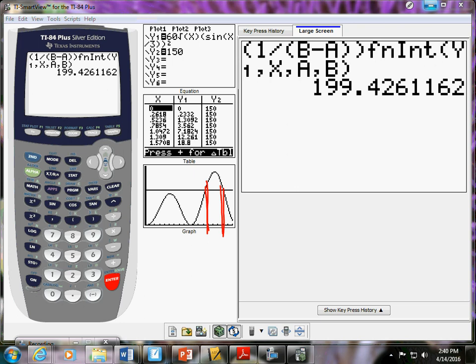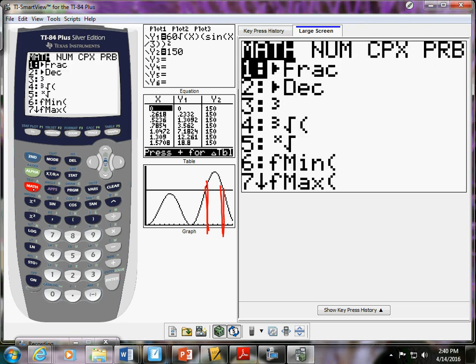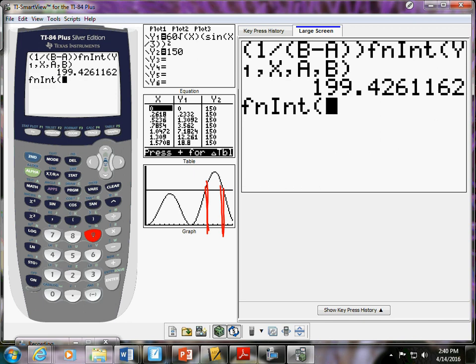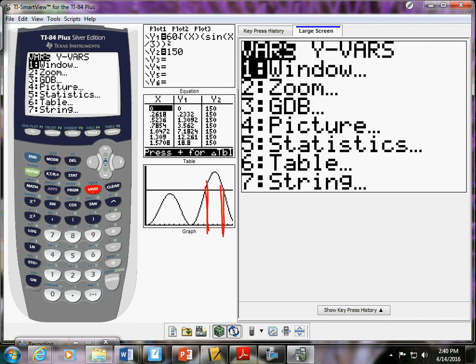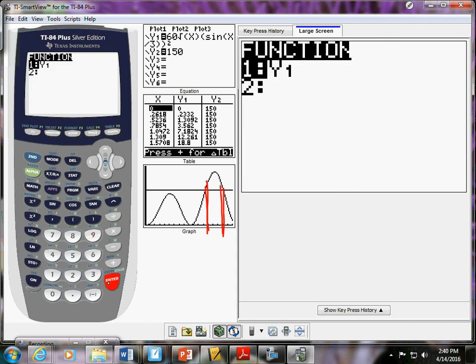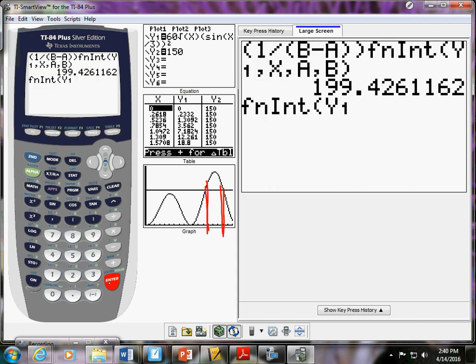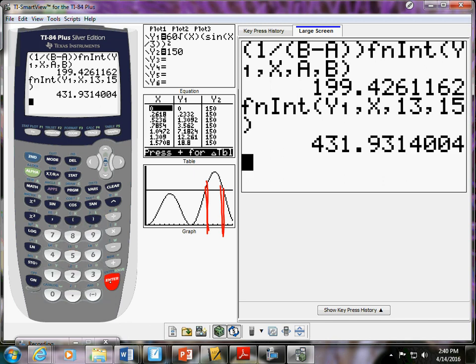So let's figure out what math 9 of y1 is. If we try something like 13 to 15 and it doesn't work, we could try something around there. But these have to differ by 2. It's supposed to be a 2-hour time period.